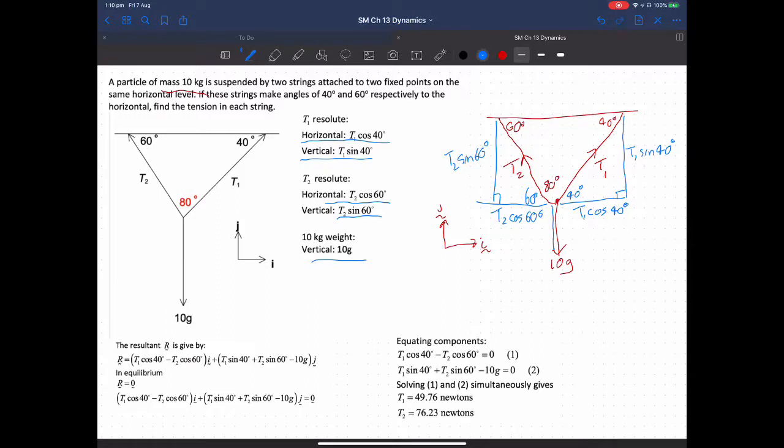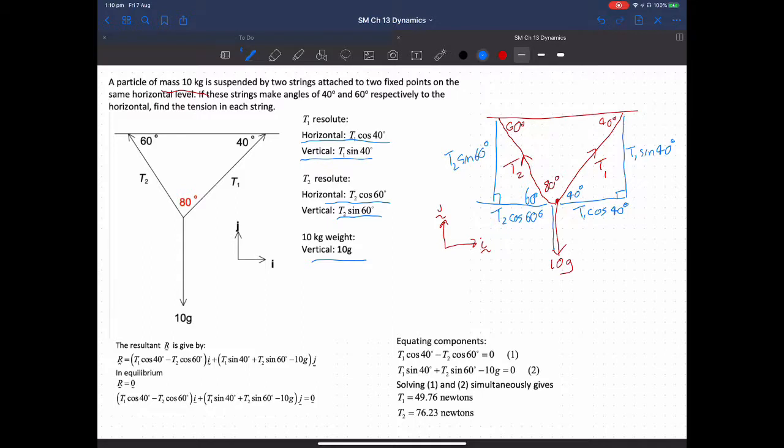So, if I want to work out the resultant force, what I'm going to do is add the horizontal components together and the vertical components together, but I must be careful because there is direction.